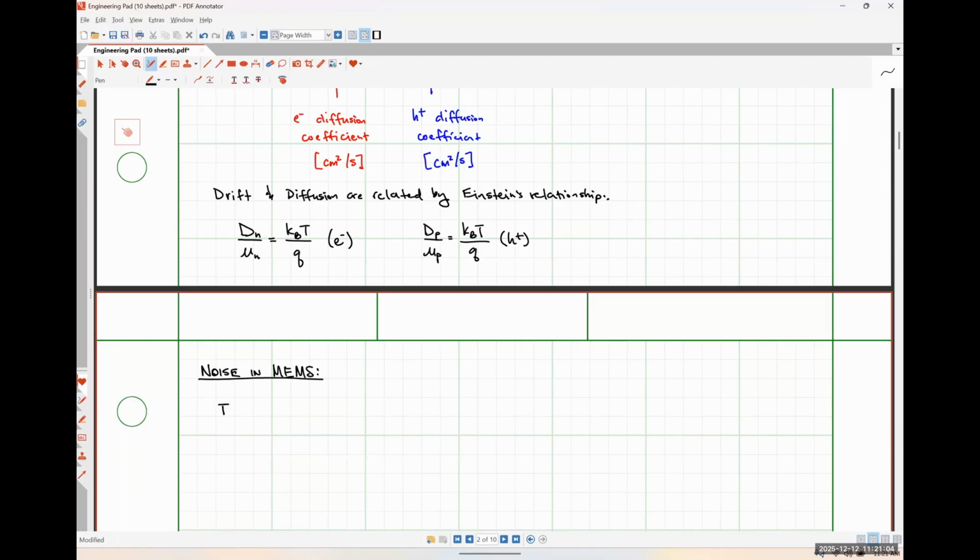So in an electrical system, noise is attributed to the random motion of electrons found in a conducting medium.